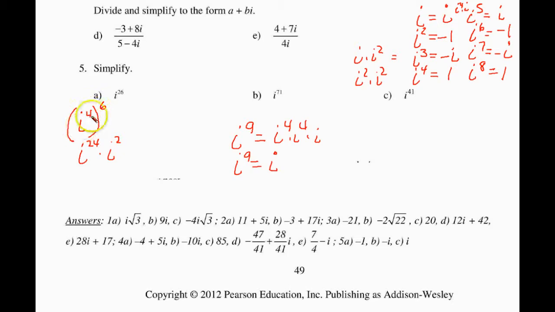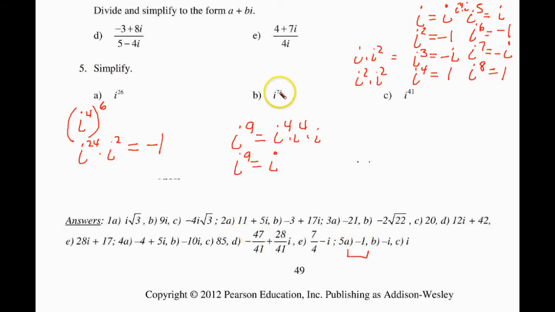This is a 1 to the 6 is 1. That's i to the 24th times i to the second. What is i to the second? We said i to the second is negative 1. And that's what letter A is for 5. Negative 1.